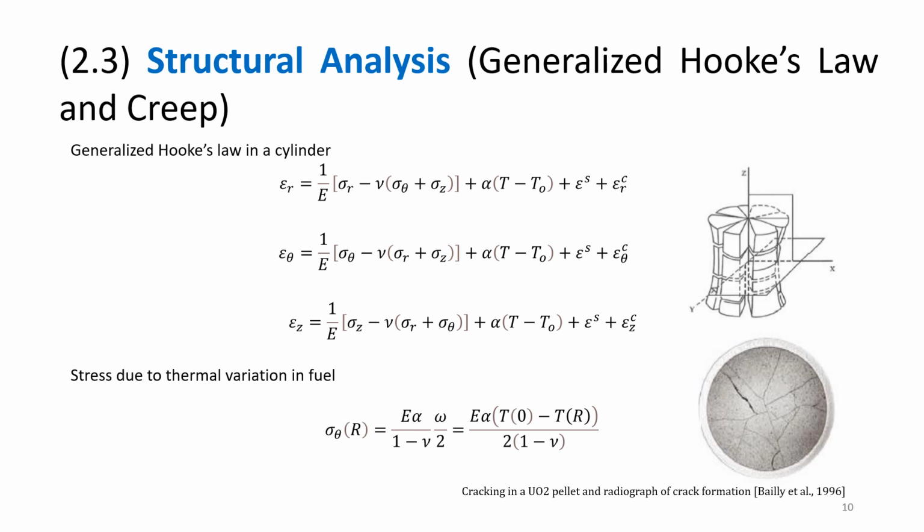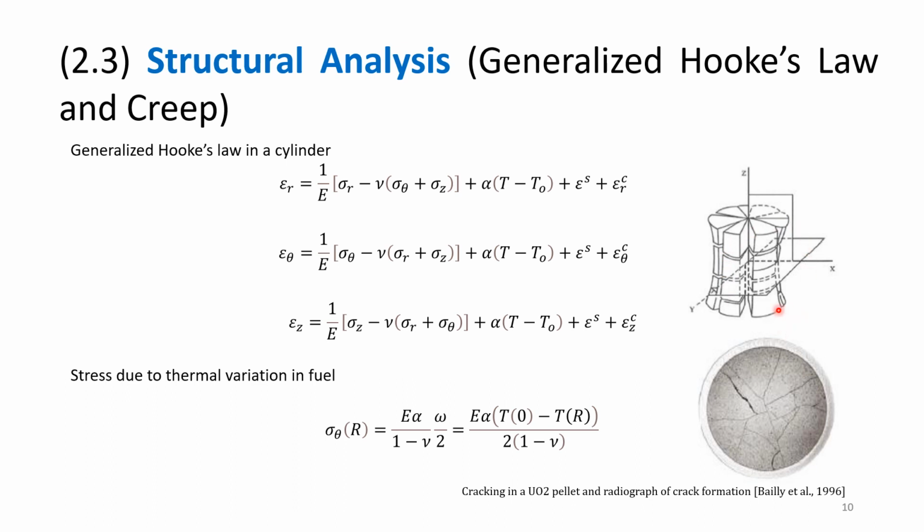Now, after the neutronics and thermal hydraulics, we have to look at the structural stability of the fuel because you don't want it to melt, you don't want it to crack. So you have to carry out something like a generalized Hooke's law form to calculate what kind of stresses and subsequent strains. Now look at this little pellet over here.